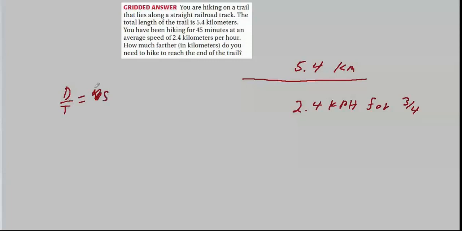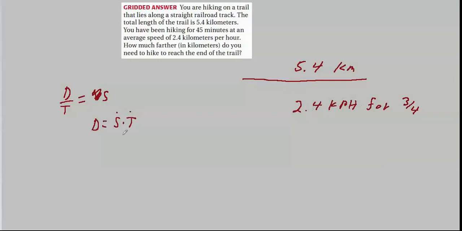So distance divided by time equals your speed, or the distance traveled equals your speed multiplied by the time. These have to be in the same units. If this is in miles per hour, this has to be in hours. If this is in miles per minute, this has to be in minutes. And if this is kilometers per hour, this has to be in hours. That's why I did this.